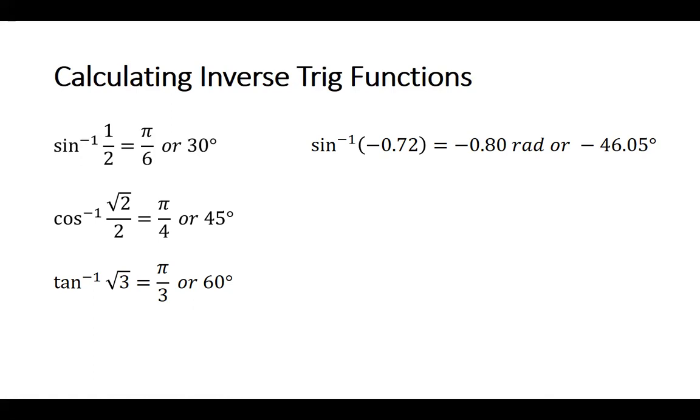The other thing to realize with this is that your calculator is going to give you the reference angle, which is the angle in relation to the x-axis. But we know that sine is negative in both the third quadrant and the fourth quadrant.